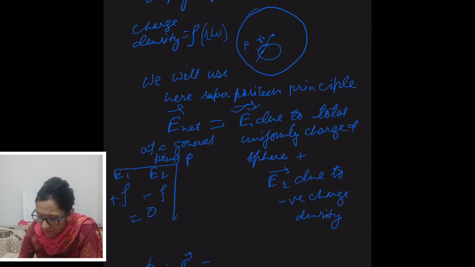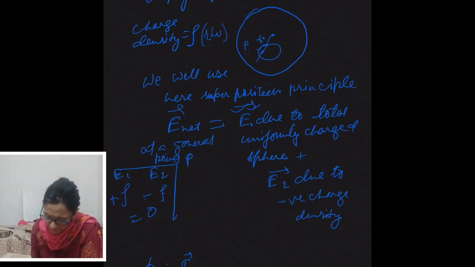At this point, E1 will be, let me find using Gauss's theorem, E dot dS equal to charge enclosed over epsilon naught.